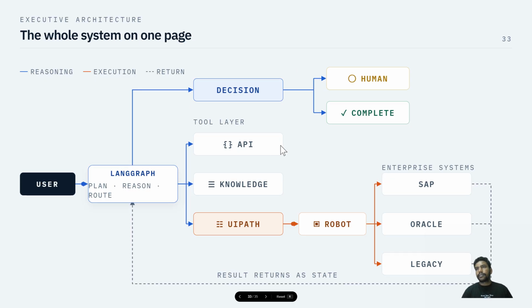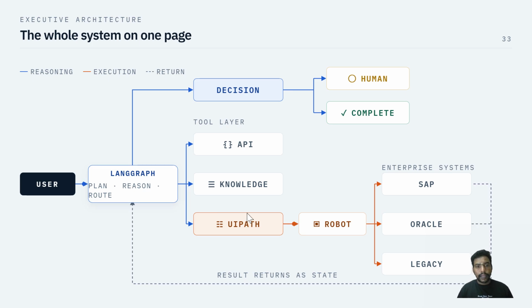So this is our whole system, how it is running. Let's say a user builds a request, LangGraph plans and reasons, and routes to API, knowledge source, and UiPath, which sit side by side as peers.